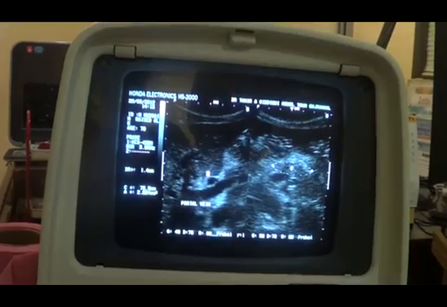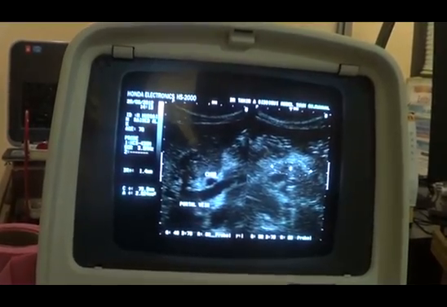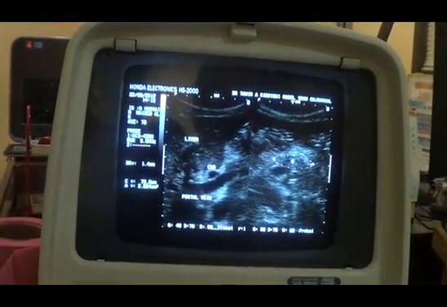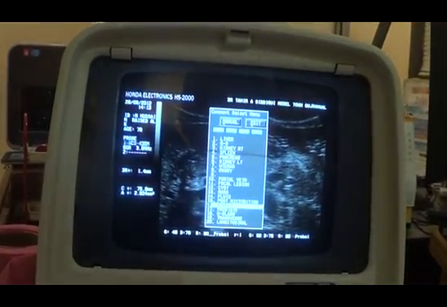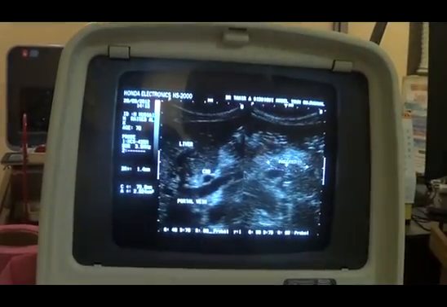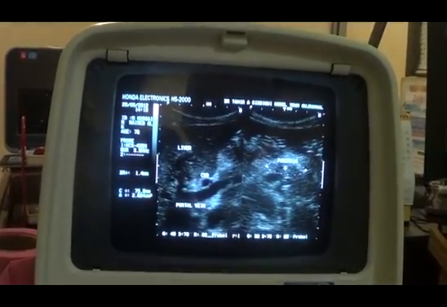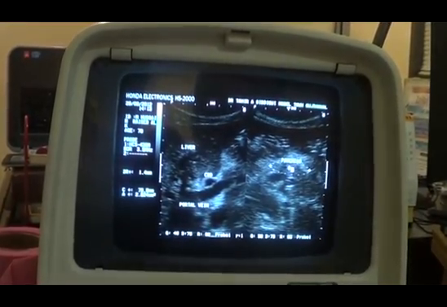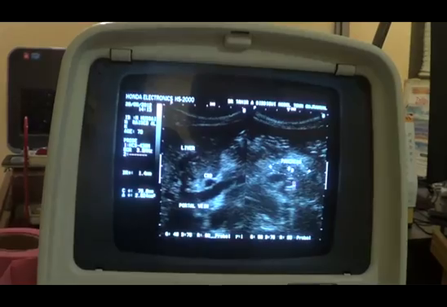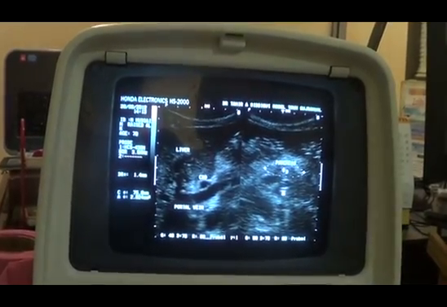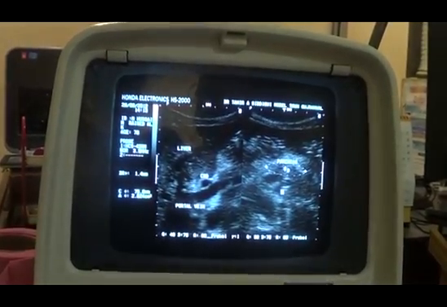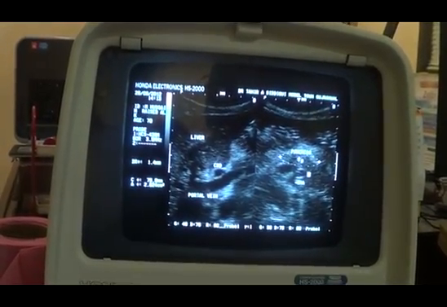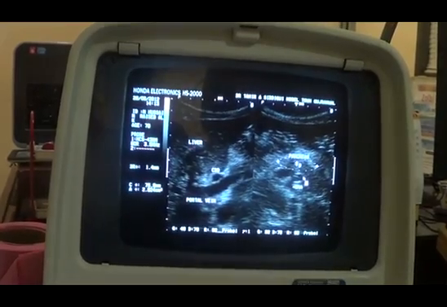This is the CBD, common bile duct in transverse section. This is the liver, left lobe. This is the body of the pancreas in transverse section, and the D is basically for the duct, which is not dilated at all. This is the superior mesenteric artery. Okay. This vessel is splenic vein.